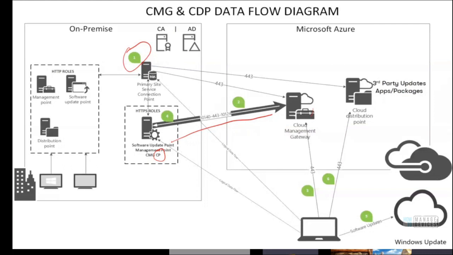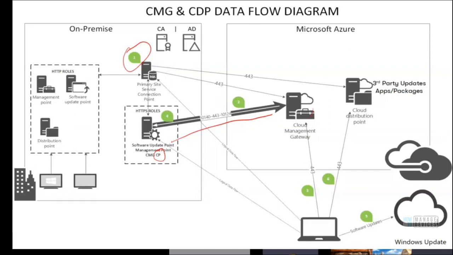Now once the connection point and the cloud management gateway are done, the client machines which were initially in the intranet, when they go to the internet, will automatically switch to the cloud management gateway. It will say that, okay, the domain joined machine is now on the internet, it is looking for the internet facing management point, and it will change to the cloud management gateway and start connecting to it.